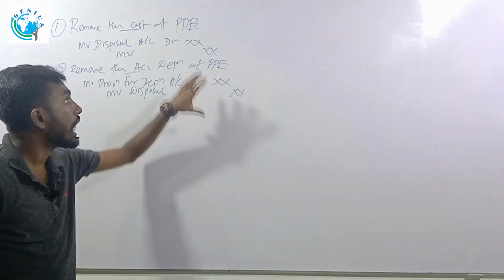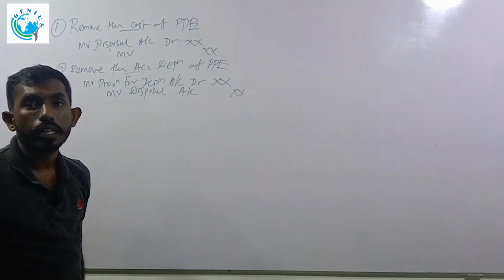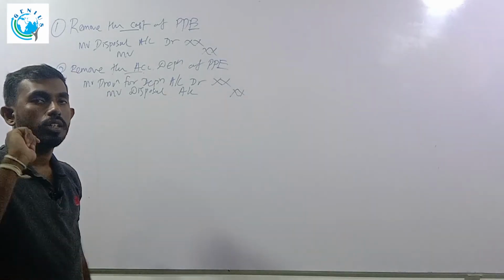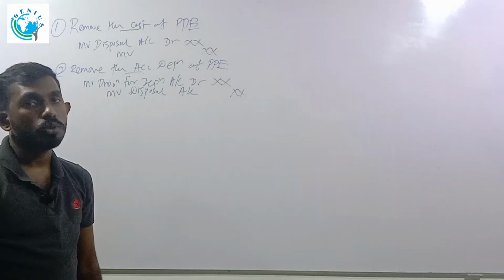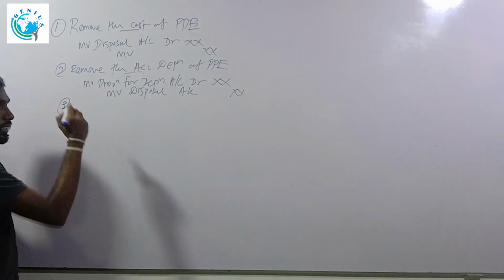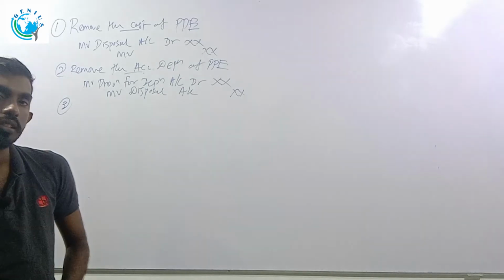That means you have the net value of the PPE item that you are going to dispose. Right. So the third step is receiving cash for the disposal.